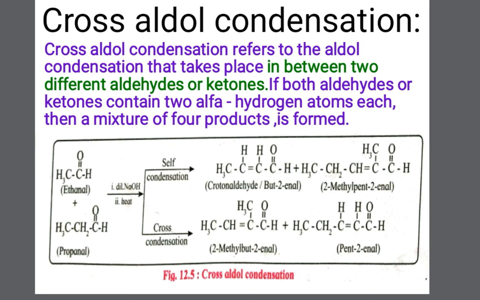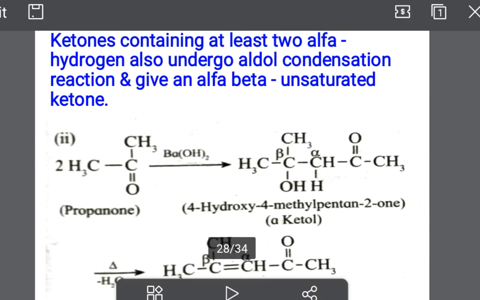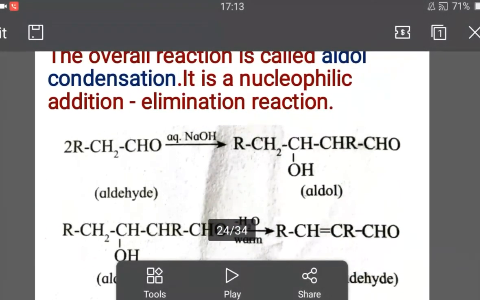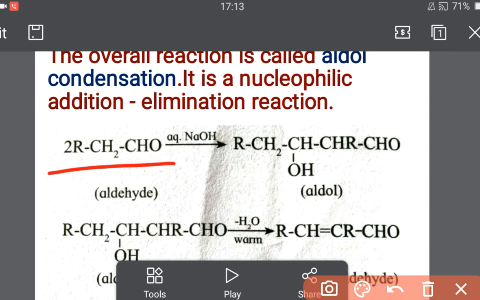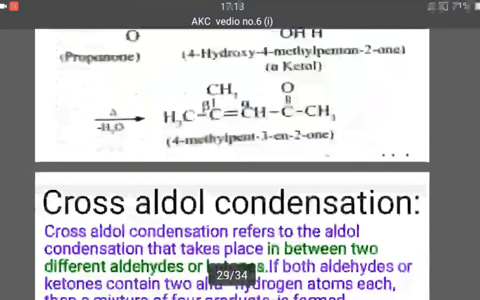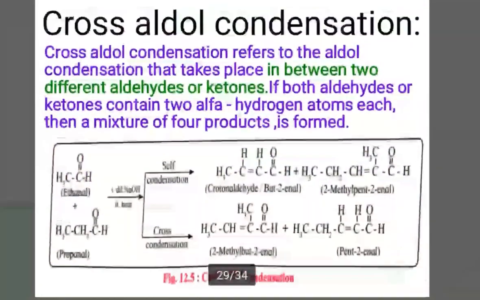When cross-aldol condensation takes place, there is condensation between two different aldehydes or ketones. In aldol condensation, here we use two similar aldehydes. See here, two similar aldehydes RCH2CHO. But in case of cross aldol condensation, we are using two different types of aldehydes or two different types of ketones.